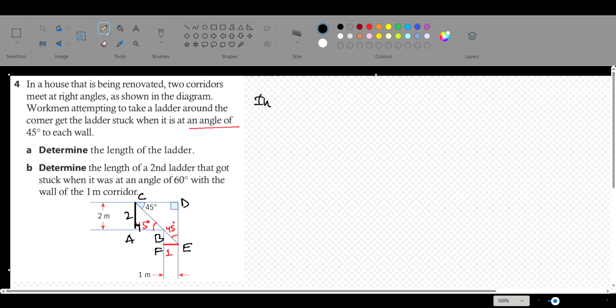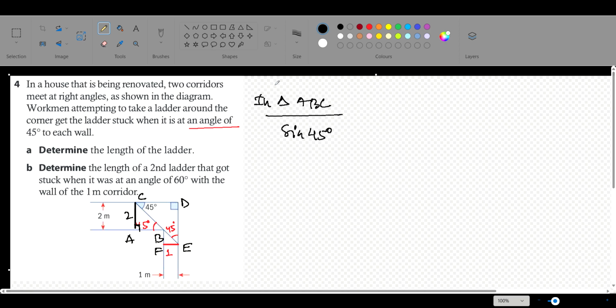So in triangle ABC, beneath the BC, right? BC is the hypotenuse here in this triangle ABC. So we have opposite given. So I'm going to use what?